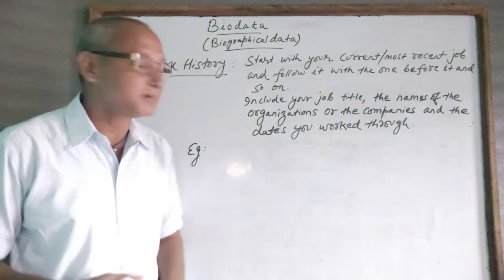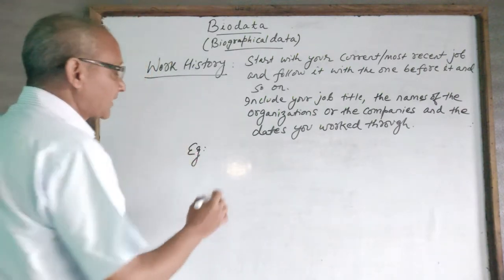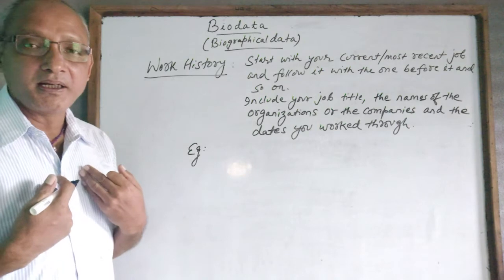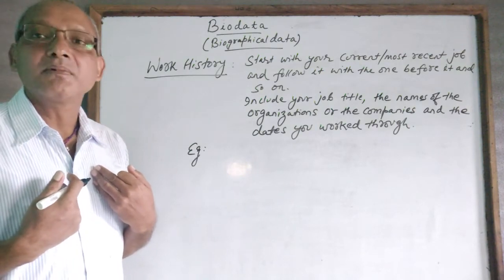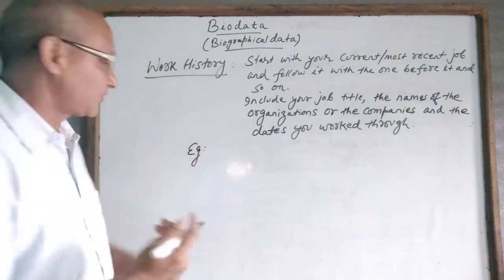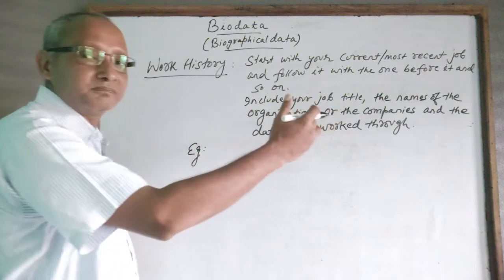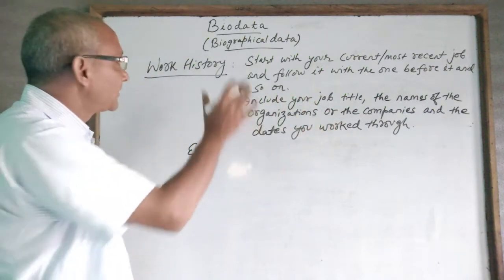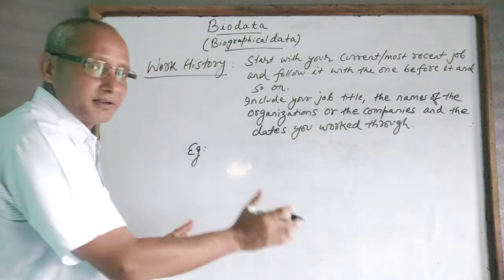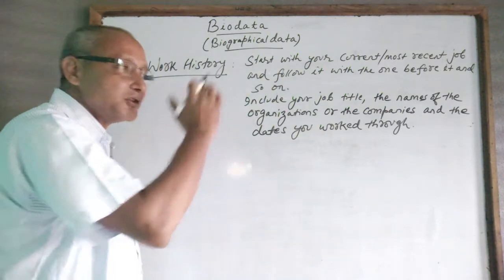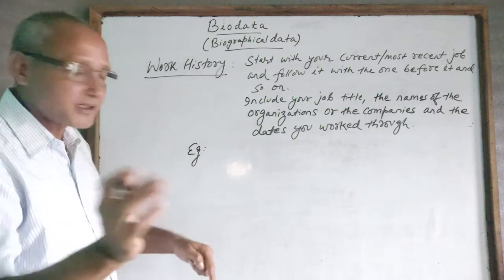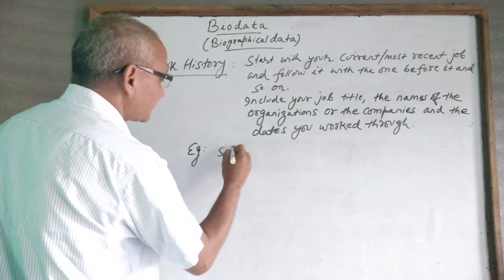Let's see for an example. Like suppose I had been working as a marketing executive. Okay, just before I am applying for this job, the current one, I am writing a biographical data here. I am applying for a new job here, but before this, what was I doing? Sales executive.